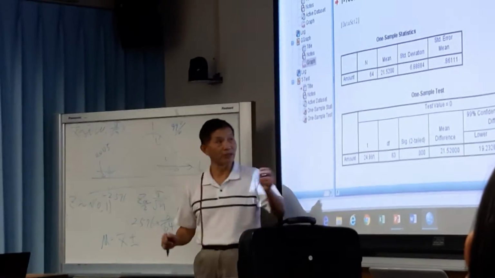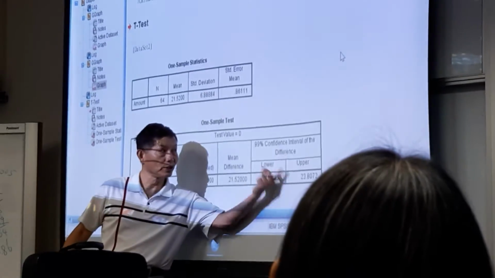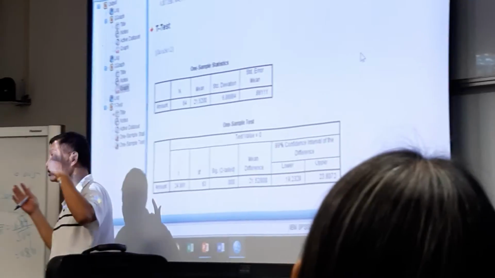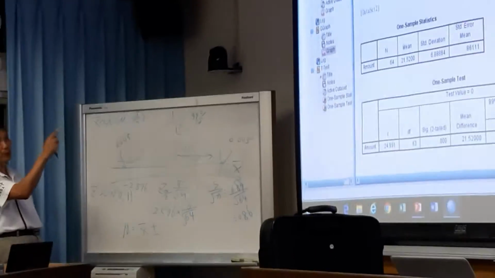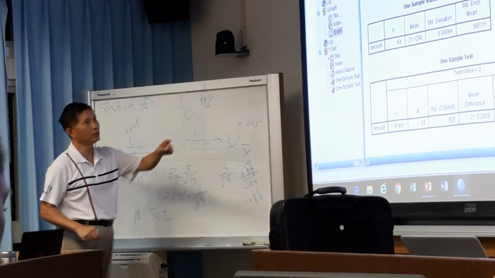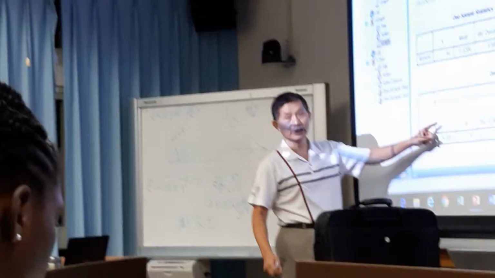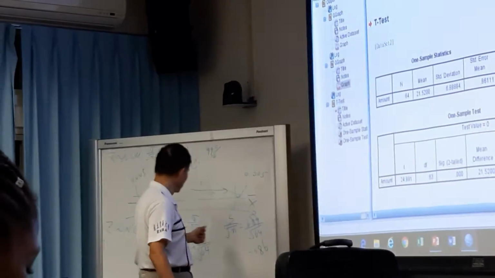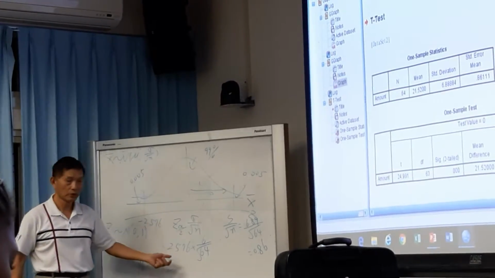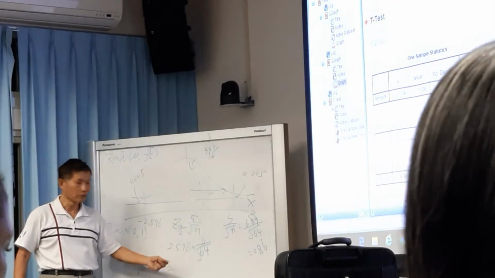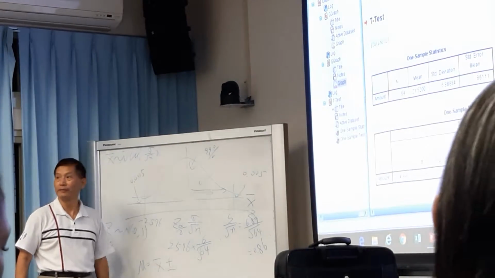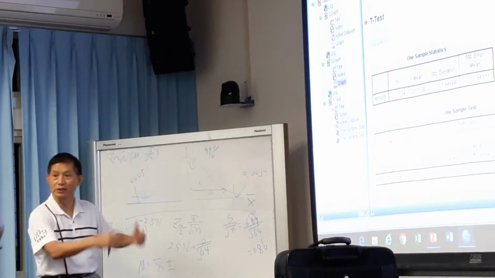This is only for the t-distribution, so they are two different. The software always gives you the t, not the z. If you want to get z, do it by yourself based on the formula, look at the table, and you will get two different answers.